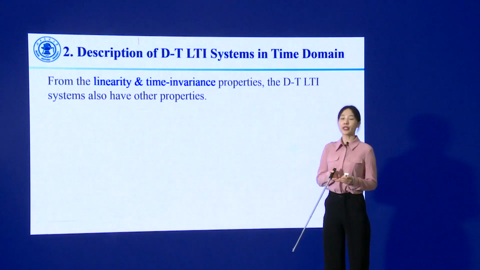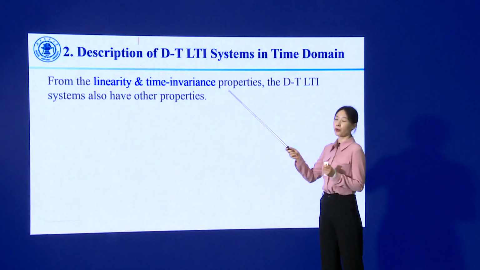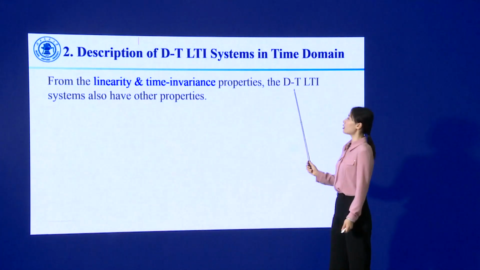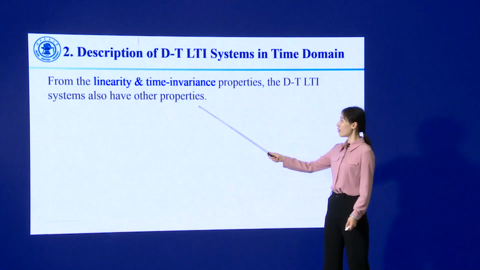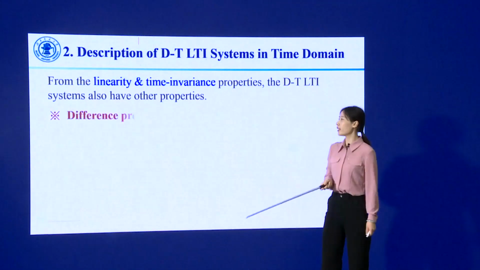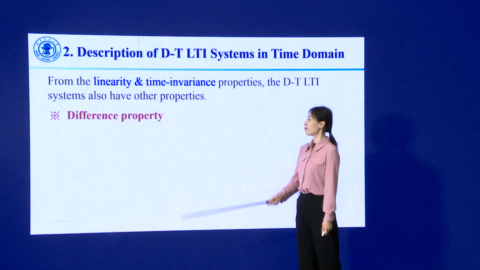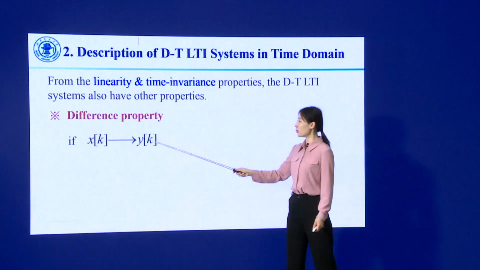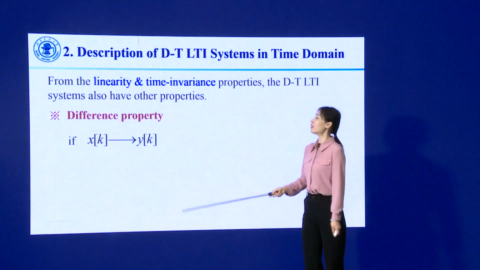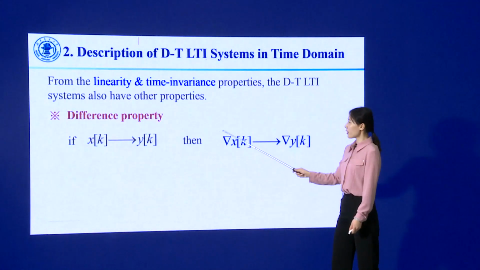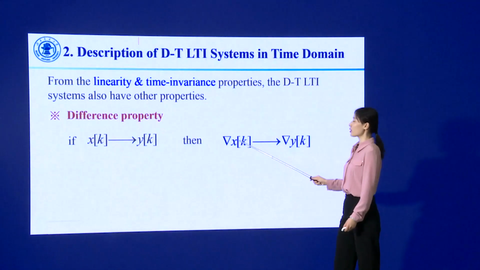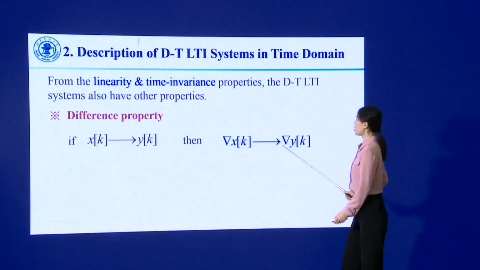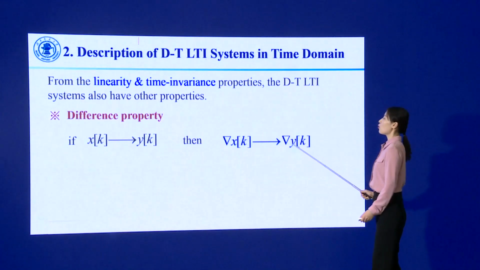Besides the linearity and the time invariance property, the DT-LTI system also has other properties. One is the difference property. When the input is s(k) and the output is y(k), then when the input is a difference of s(k), the output is also the difference of y(k).